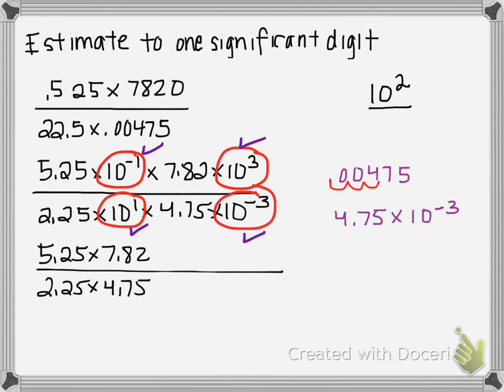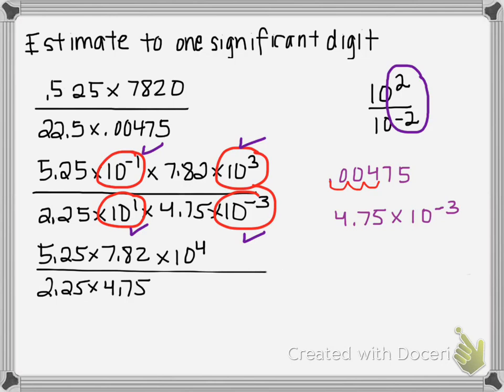So common base, add the exponents. That's going to be 10 to the negative 2. So we have 10 squared over 10 to the negative 2, and that's a common base, and hopefully we know the law of exponents that tells us how we combine the exponents when there's division by a common base. So I'm going to subtract those exponents, and I'm ending up with 10 to the 4th, and that's in the numerator. So I'm going to go times 10 to the 4th here.